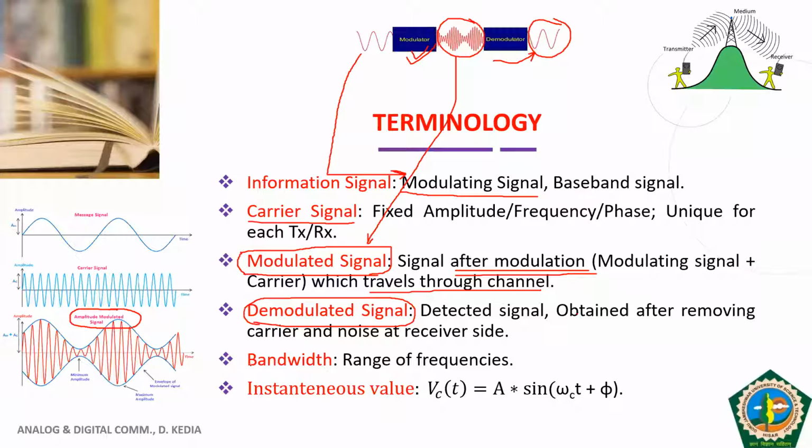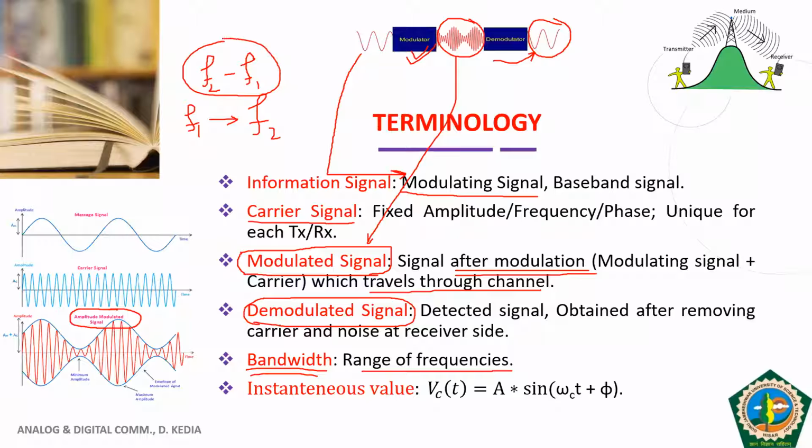And then bandwidth, which you must have heard of very commonly. Bandwidth means the range of frequencies. If you are able to transmit from F1 to F2, then F2 minus F1, the higher frequency minus the lower frequency, gives you the bandwidth.